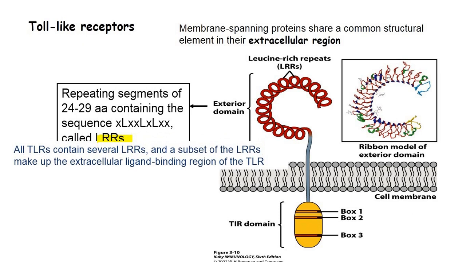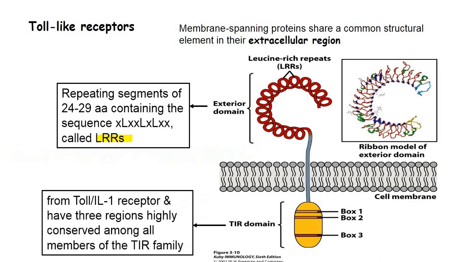All TLRs contain leucine rich repeats, and a subset of LRRs makes the extracellular ligand binding domain of TLR. Then you have the Toll interleukin 1 receptor, that is 3 regions that are highly conserved among the members of the TIR family.